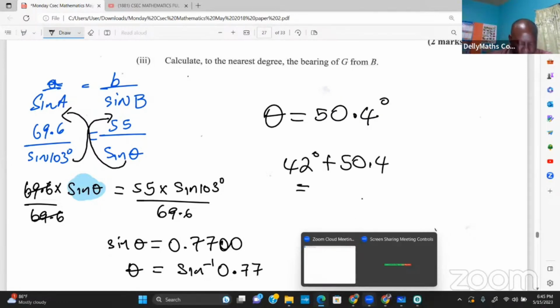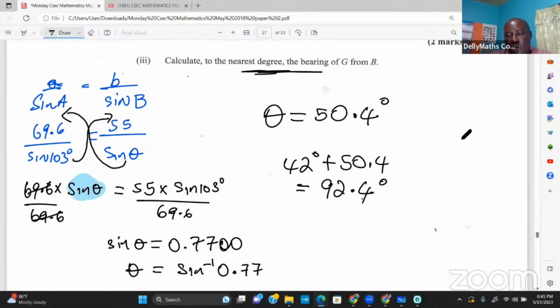And we're looking at about 92.4 degrees. But the question said to the nearest degree. Well, we're going to have to round this off properly now to 92 degrees. Or if you want to put 0.92, that's fine. Hope everybody sees what's going on there.